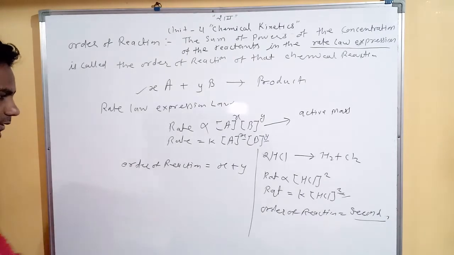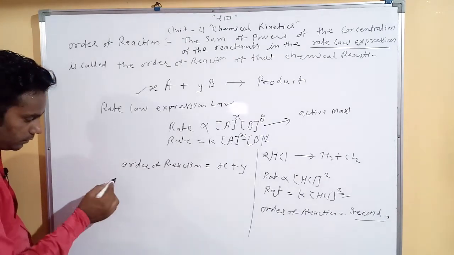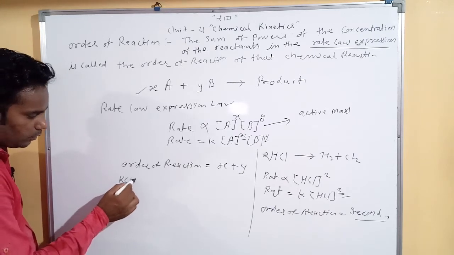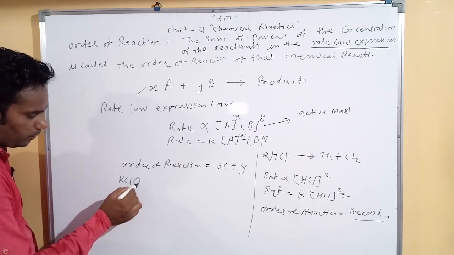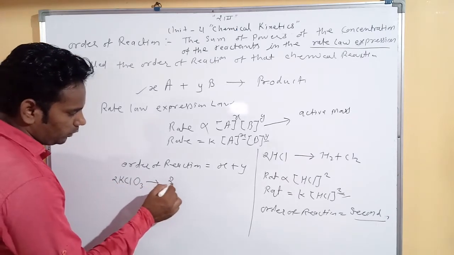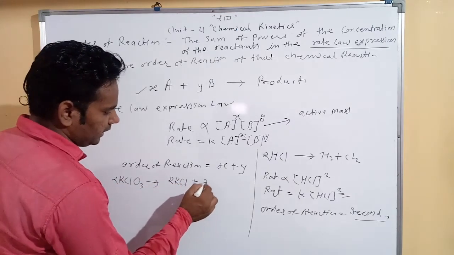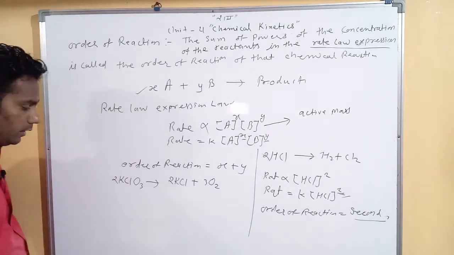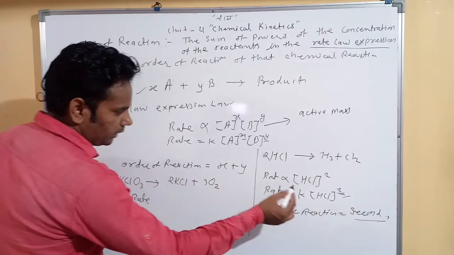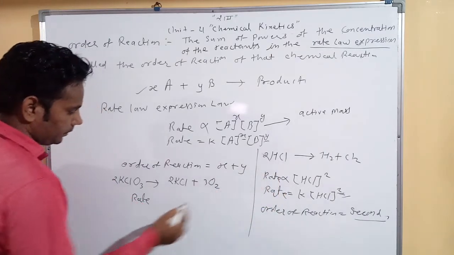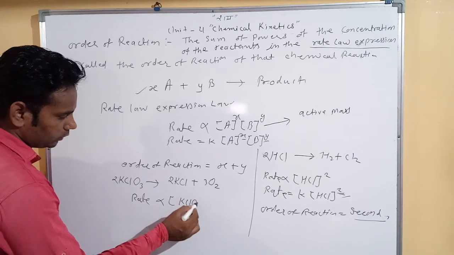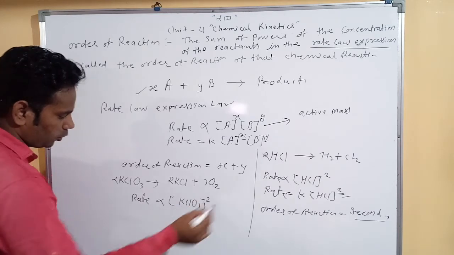Now we take one more example. 2KClO3 converts into 2KCl plus 3O2. Clear? So again the rate is directly proportional to KClO3, here power 2.